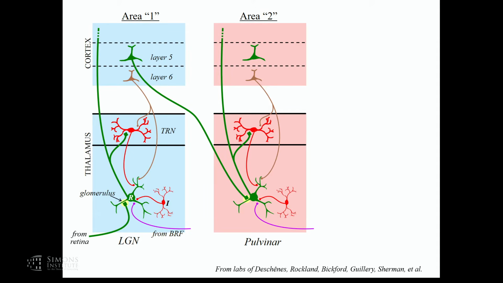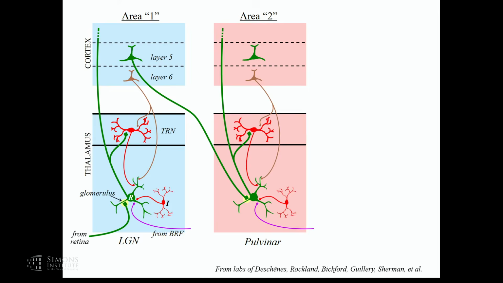So we have something very interesting here. All thalamic relays get a feedback from layer 6 of cortex that's modulatory. But the pulvinar, in addition to that cortical input, gets an input from layer 5 of cortex that's organized in a feed-forward manner, not a feedback manner. And this pathway, functionally and anatomically, looks very much like retinal input to LGN.